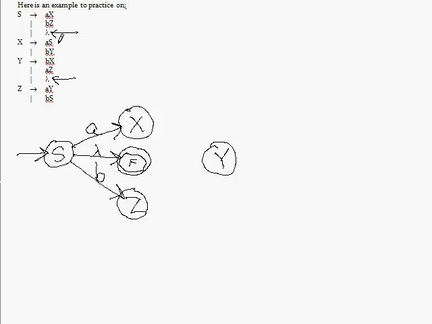Now let's do X's transitions. X has a transition to S labeled A. So we put this in. X has a transition to Y labeled B. So here's this one.